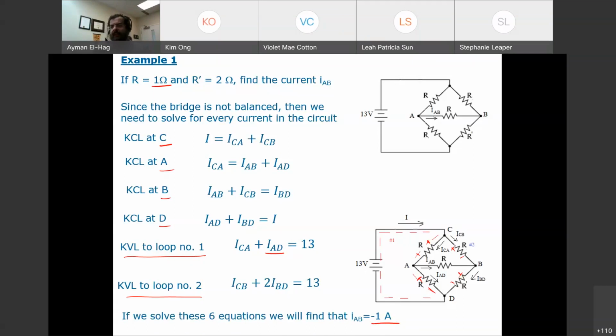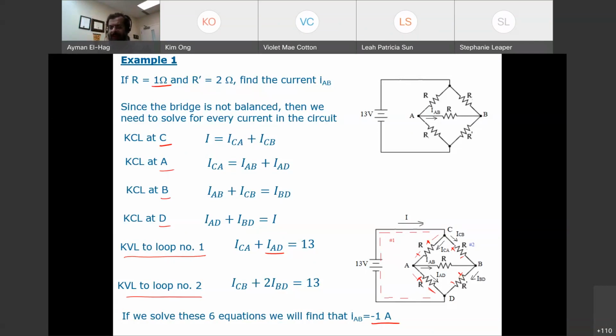But here, just to demonstrate my point: although KCL and KVL can theoretically and practically be used to solve any circuit, sometimes the circuit becomes very intense in terms of the math and almost not practical to solve with hand calculations. Imagine if I add a little bit more complexity, then we will have too many equations to be solved by hand.